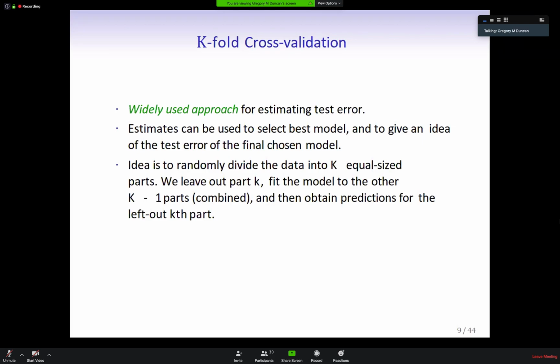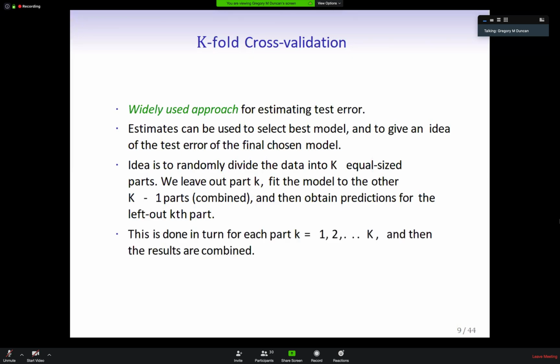And then repeat that for each one of the parts left out. So divide your data into 10 parts. Take out the first part. You have 9 other parts. Train your model on that. Do your predictions on the first part. Hold those predictions and their errors aside.